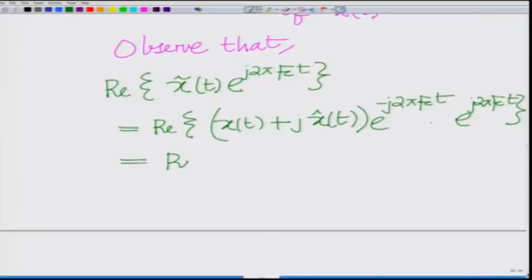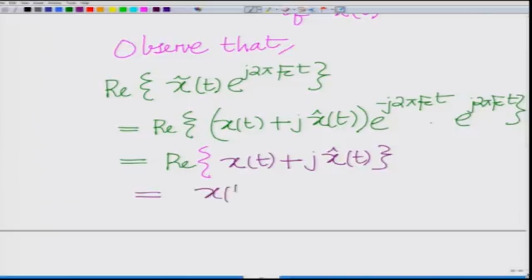So, I am left with the real part of x t plus j x hat of t, and the real part of x t plus j x hat of t is simply x t, which is your original passband signal.